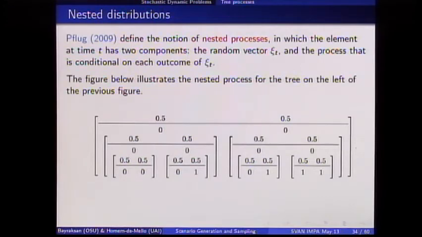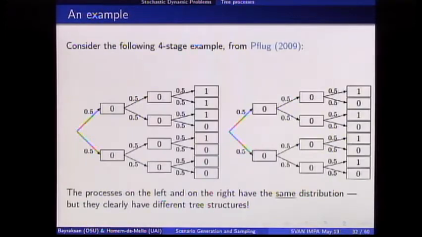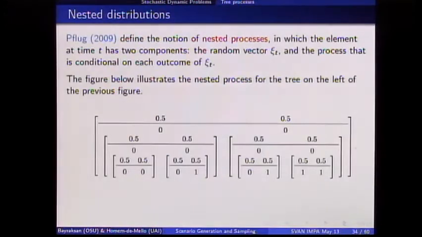There is, of course, a mathematical definition, but it's easier to understand from the picture. This is the process that represents this tree here on the left. Essentially, in the first stage you have 0 or 0 with probability half.